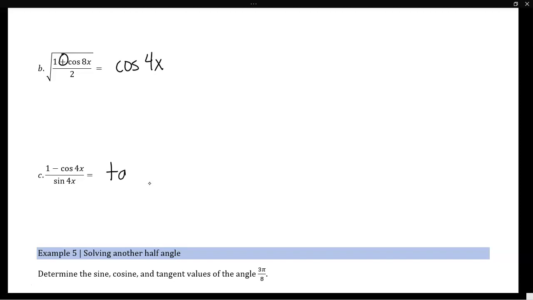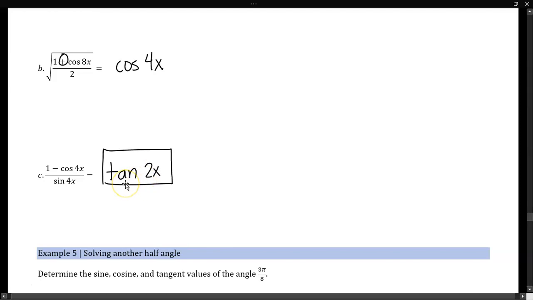So this is going to be tangent 2x. We even have a formula for tangent 2x, but we're not going to turn it into that. We're just going to simplify it to be this. So given one side of an expression, if it looks like a half angle formula, just divide the angle by 2 and apply either sine, cosine, or tangent based upon the square root or how the fraction is set up.